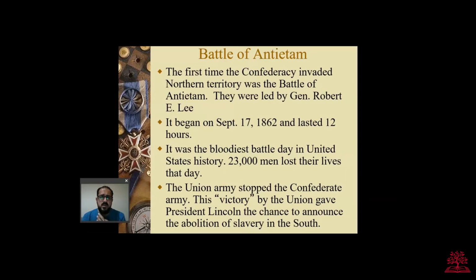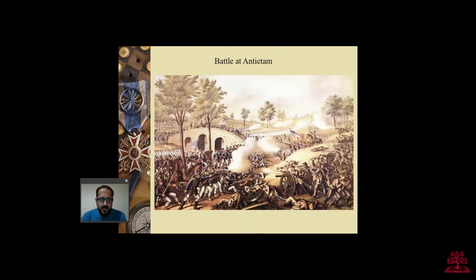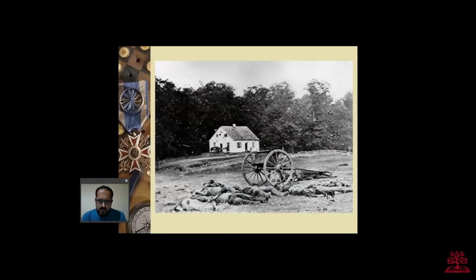And this victory gave Lincoln the chance to abolish slavery in the South. Okay, abolish means end. And this is a picture of battle at Antietam. This is another picture. You can just see the dead bodies. I'm sorry for the scenery.